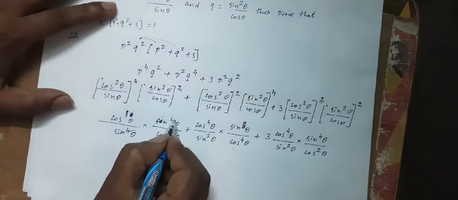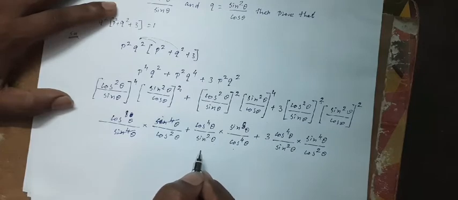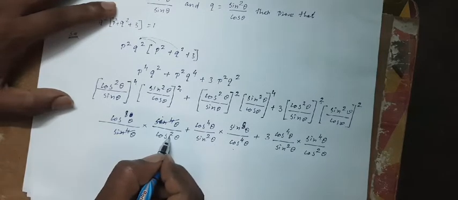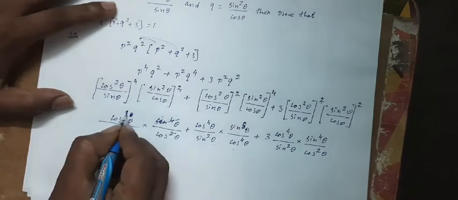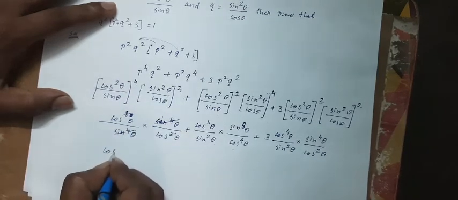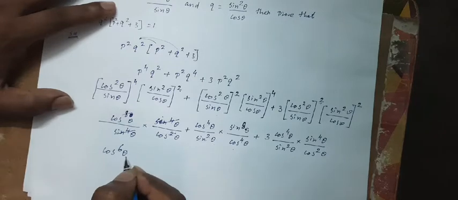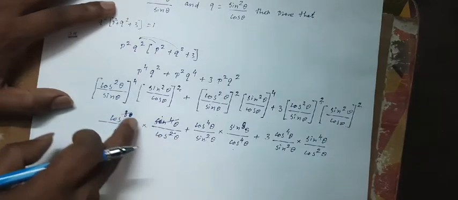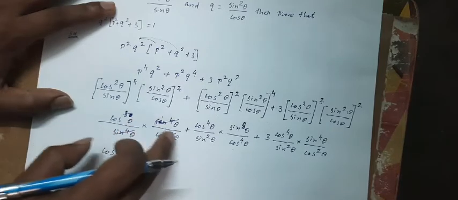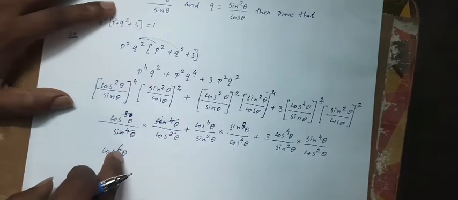Sin 4 we can cancel. And then here cos square, here cos 8. So we can cancel, meaning we can get cos power 6 theta, because same base, you want to subtract the powers. So 8 minus 2, we can get cos 6 theta.